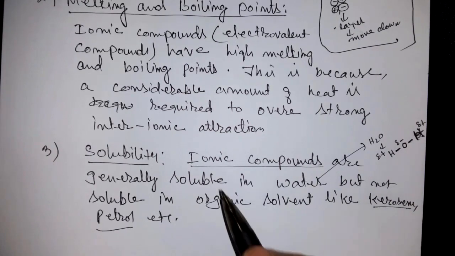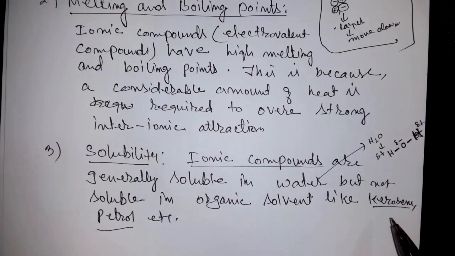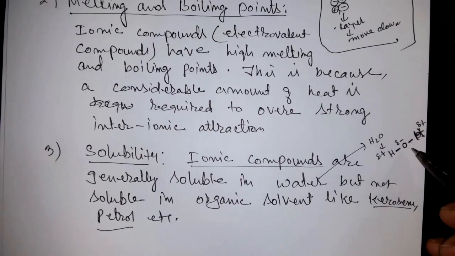That's why ionic compounds are not able to dissolve in organic solvents like kerosene or petrol, because they have only covalent bonds. They don't have charge. That means even polar charge, slight charge, is not there. Water is also a covalent compound, but water is a polar molecule because the shared electrons are not in the middle. They are shifting towards the oxygen. That's why weak negative and positive charges are developed.